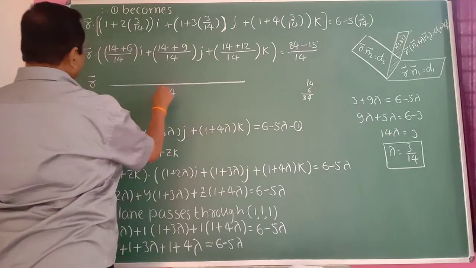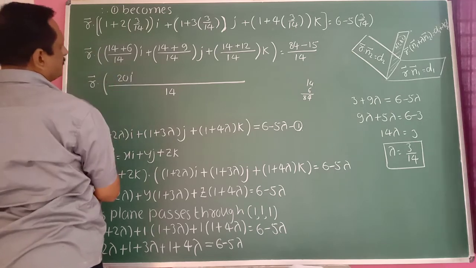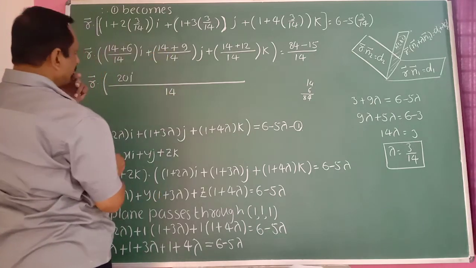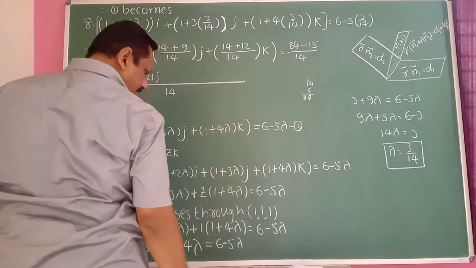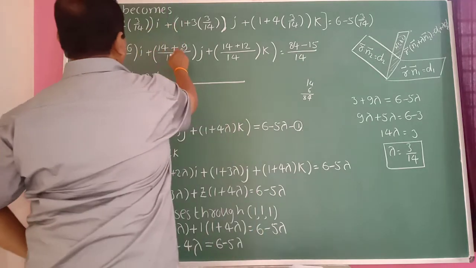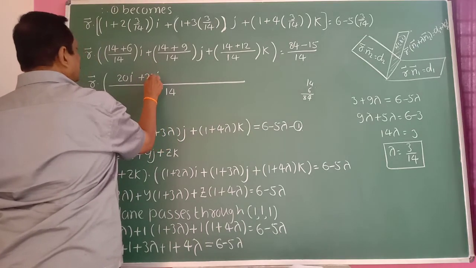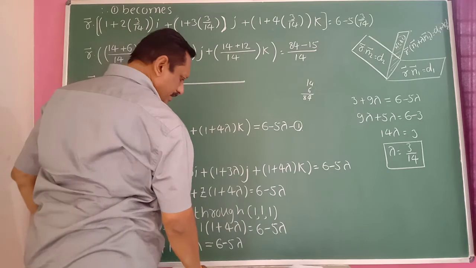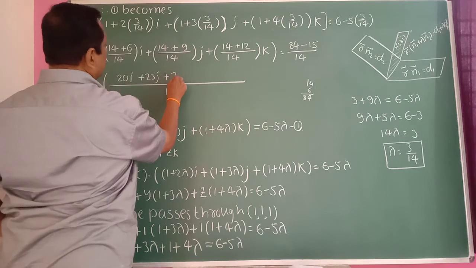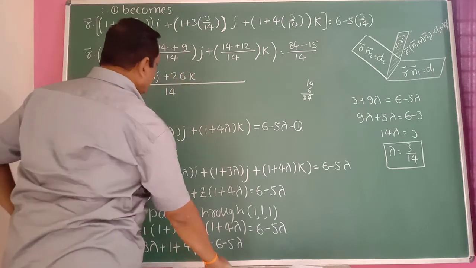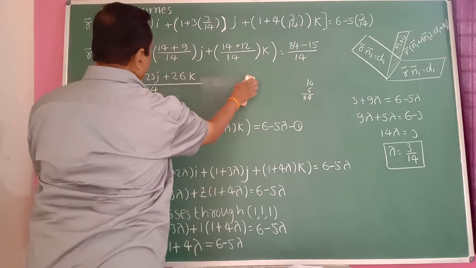Into the bracket: 14 plus 6 becomes 20, so 20i. 14 plus 9 is 23, not 21, so 23j. 14 plus 12 is 26, so plus 26k.